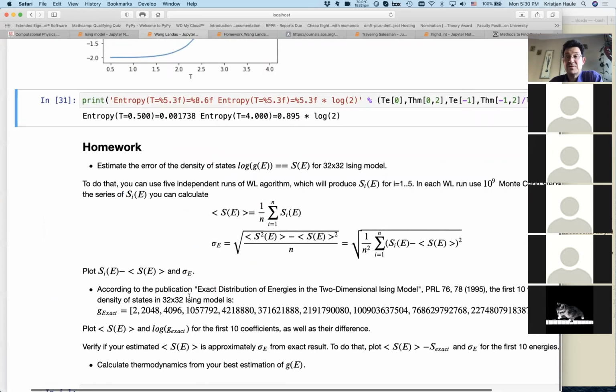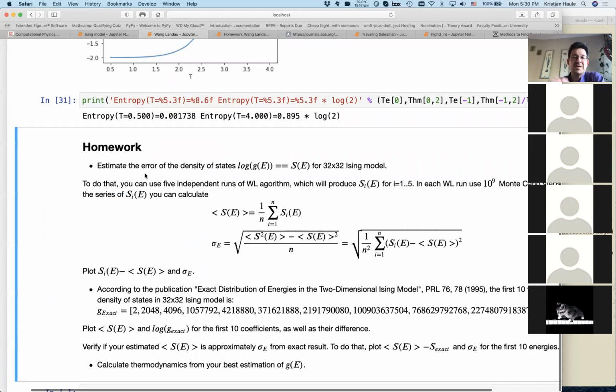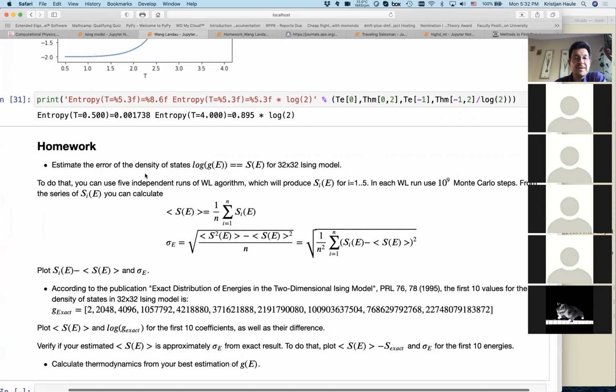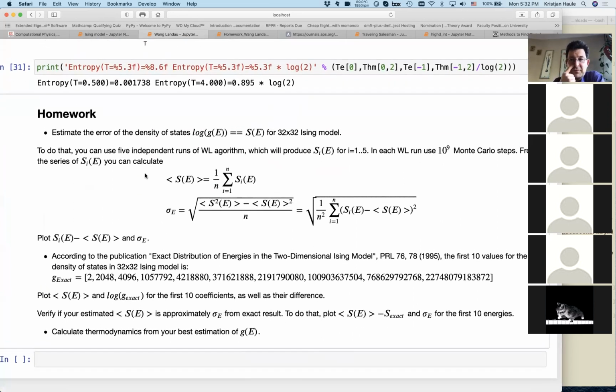Then let me talk about homework. This is going to be the last homework, because we are near the end of the year, and it's going to be on the Wang-Landau algorithm. So what's the idea? The idea is to estimate the error of the density of states.